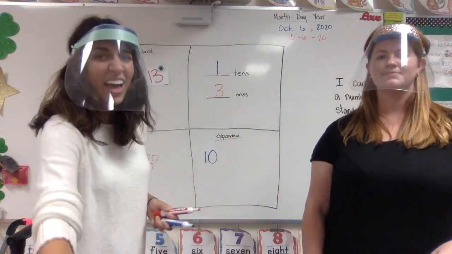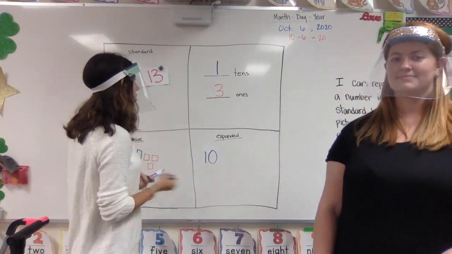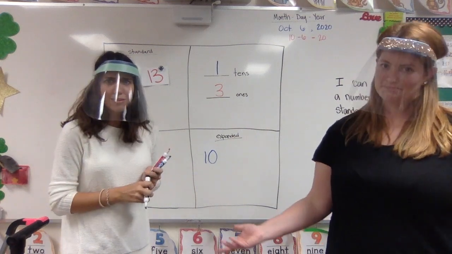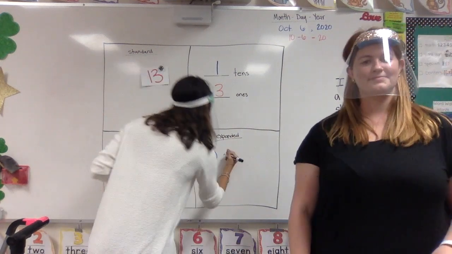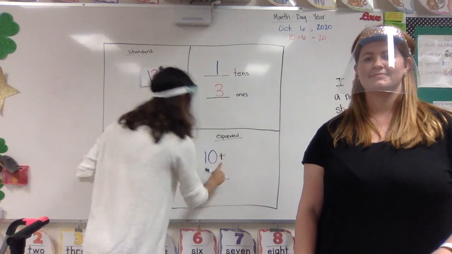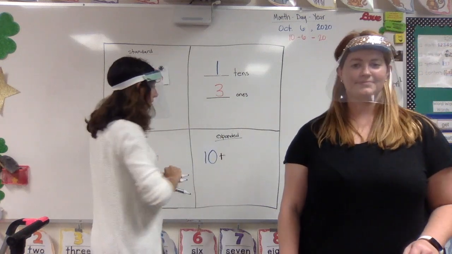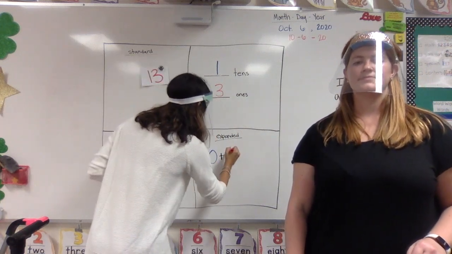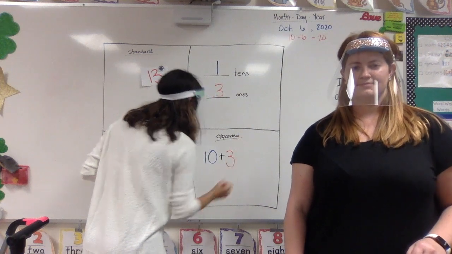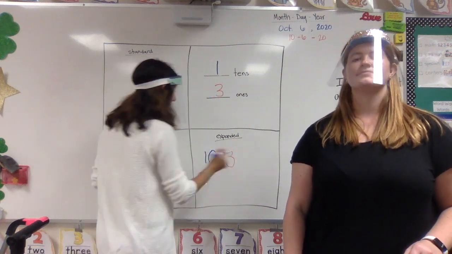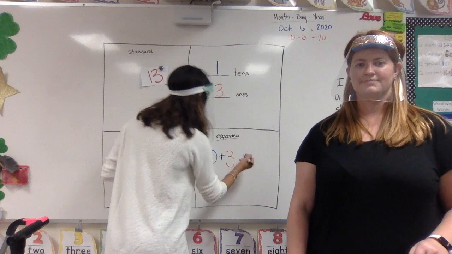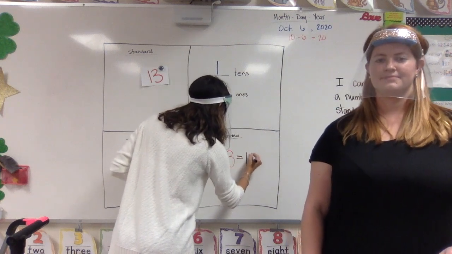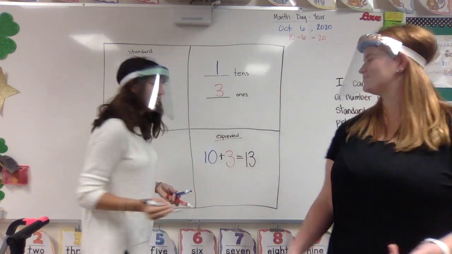And then if I had 10, I can't just put the ones next to it because it would look like a giant number. So I'm putting my addition symbol to the amount of ones that I have. So I have 3 ones, then that would equal the standard form of my number. So it would just equal 13.